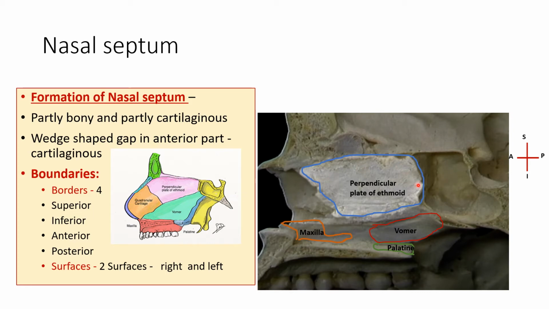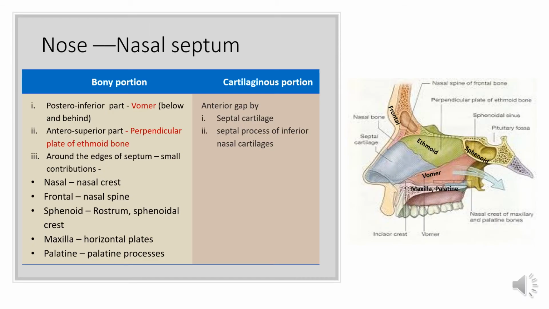So you have understood about the 4 borders and 2 surfaces of the nasal septum. Now let us learn about the bones and the cartilages that contribute to the nasal septum.